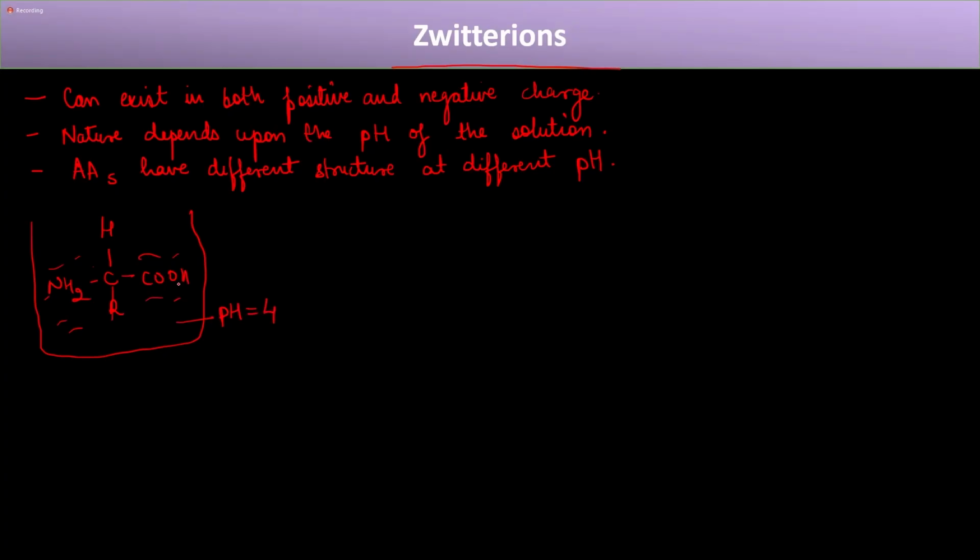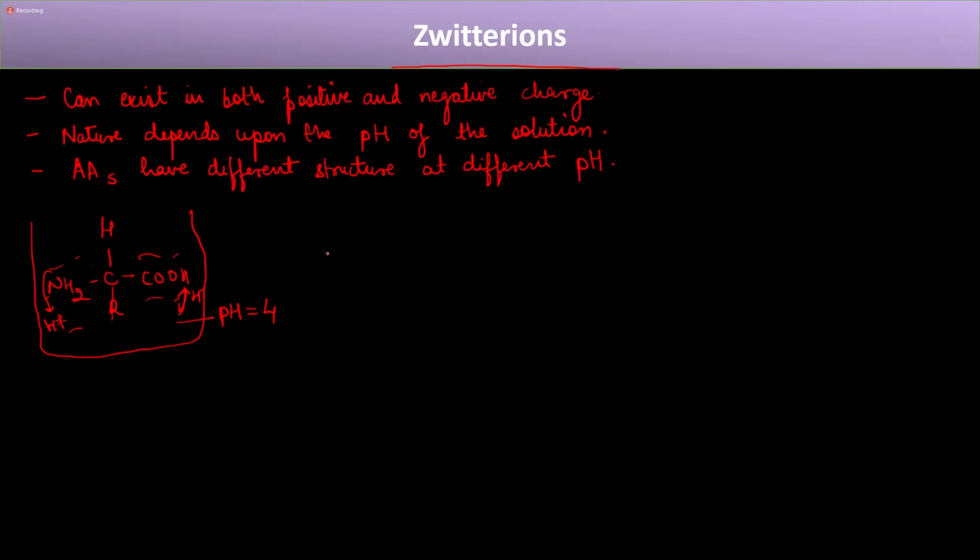Based on the pH of the solution, the COOH group will either donate, or it will take the hydrogen ion from the solution, or the NH2 will donate. It will either take the hydrogen ion or donate the hydrogen ion, and based on that, it can exist as positively charged or negatively charged.